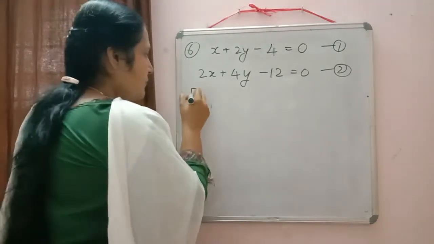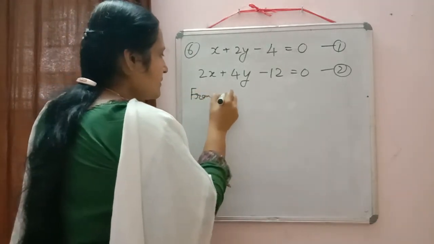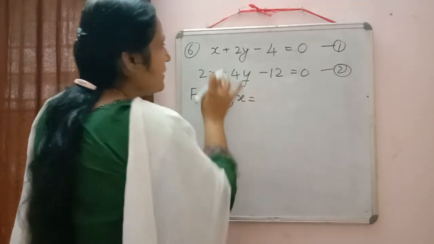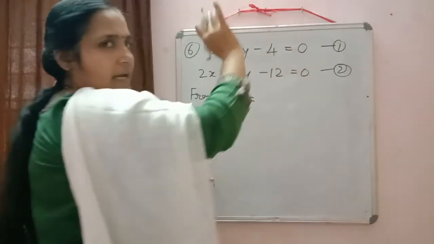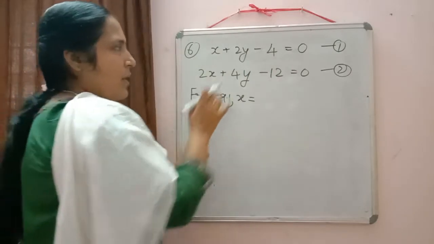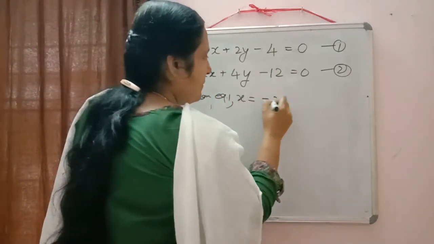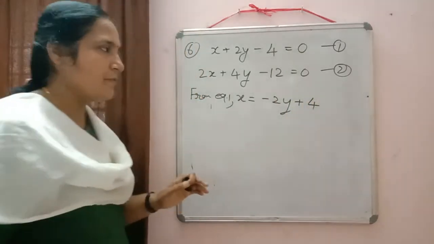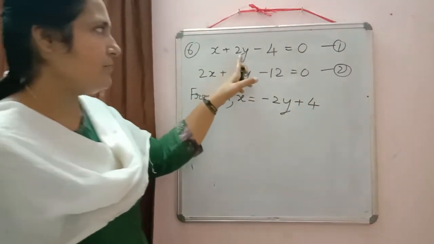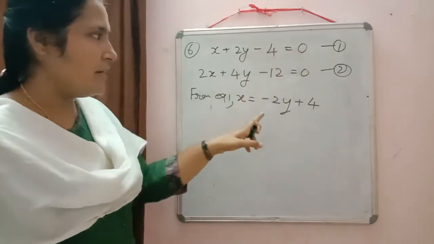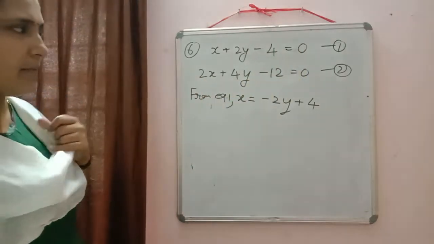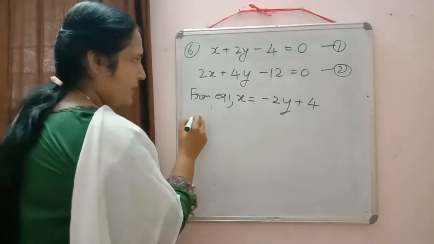So from equation 1, we will get x is equal to 2y and minus 4, we are shifting to the right hand side. So plus 2y will become minus 2y and minus 4 will become plus 4. So we are getting x is equal to minus 2y plus 4 from equation 1. Now we will substitute in equation number 2 in place of x.